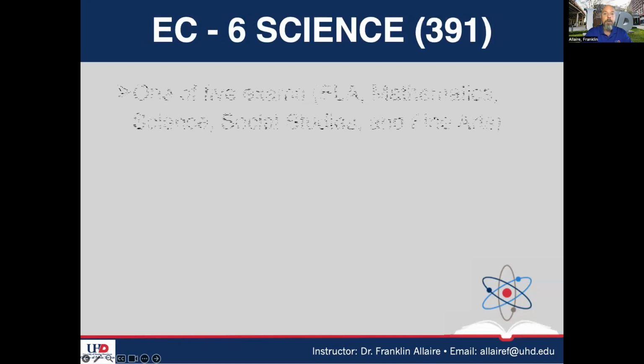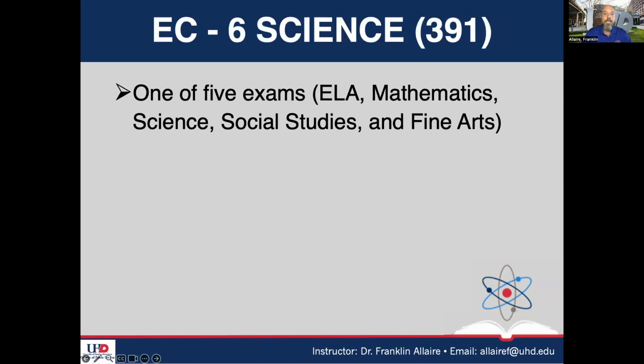Now, you'll remember that the EC6 Core Subject Certification exam is made up of 5 parts. Science is just one of them. Each of these parts is scored individually and requires a score of 240 or better to pass. The science exam makes up approximately 19% of the overall certification exam.